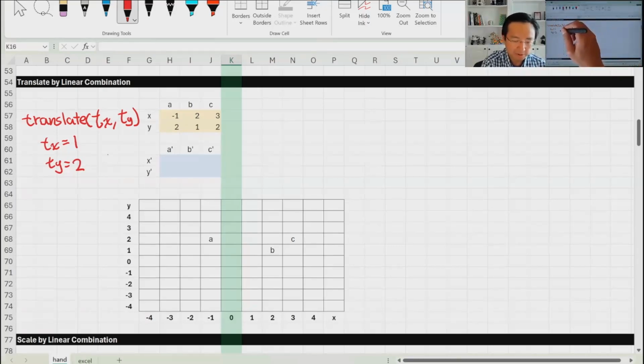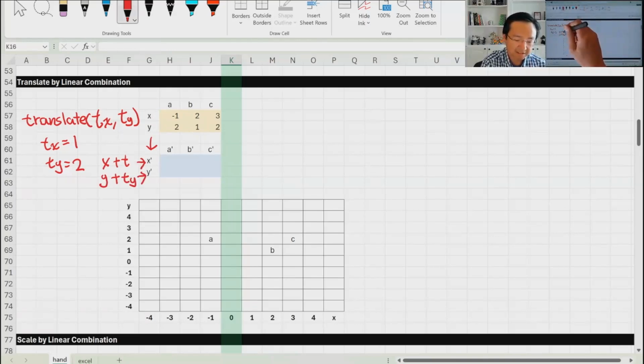The equation: we start with x and y, then we'd like to transform by translation to x prime and y prime. The equation is quite simple, as you can expect. I want to add t x to x and assign it to our new x prime, and similarly for y, add t y to y to get y prime. Oh, I realize I made a mistake.